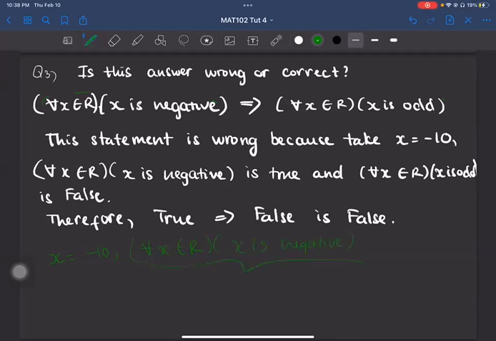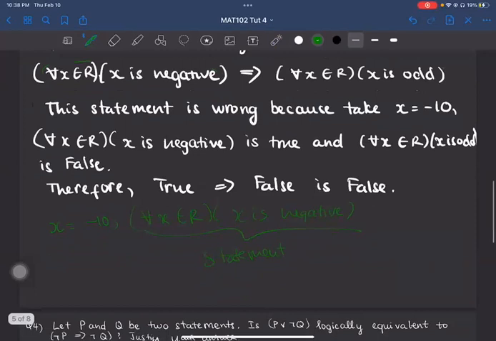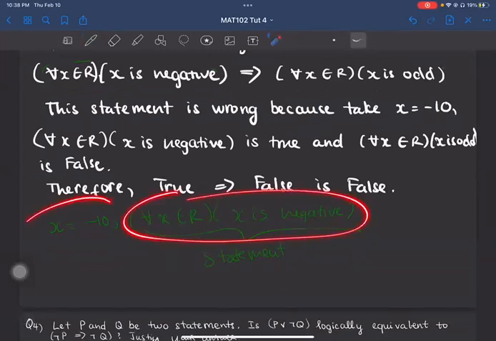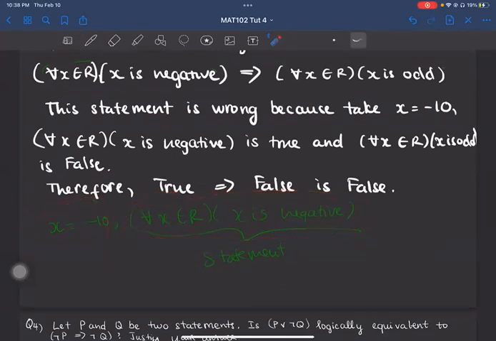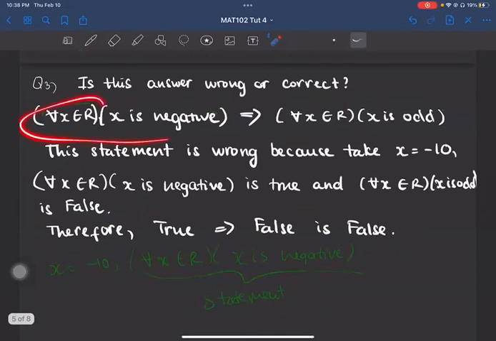This one here is the statement itself. It has its own truth value, right? So its truth value doesn't depend on x being equal to -10. The truth value of this is false because not every real number is negative. It's a false claim because they can be positive or also zero.